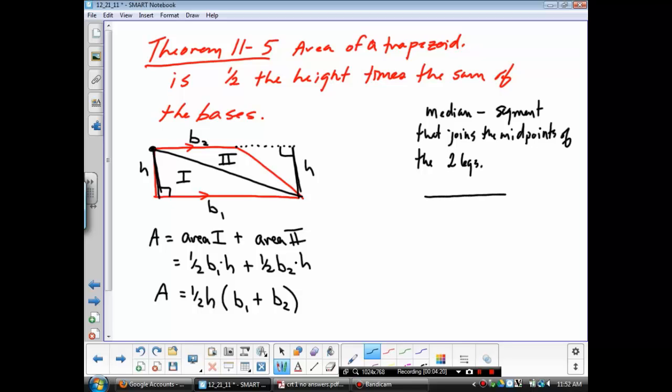So if you have a trapezoid, doesn't matter how you draw it, and you find the midpoint of each leg, we have a theorem that tells us something about this segment that joins those midpoints.